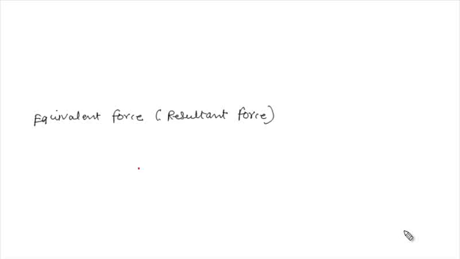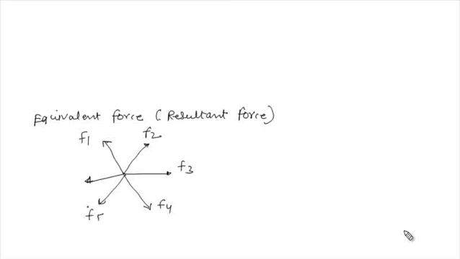Let's take an example of a force system. I am drawing a coplanar concurrent force system. Here I have forces F1, F2, F3, F4, F5 and F6 acting on a body. And now I have to find the equivalent force or resultant force.